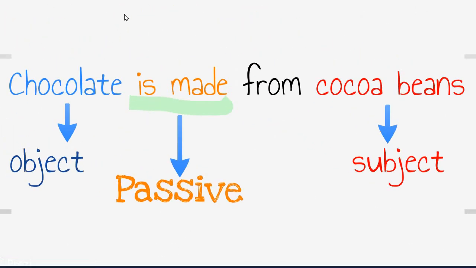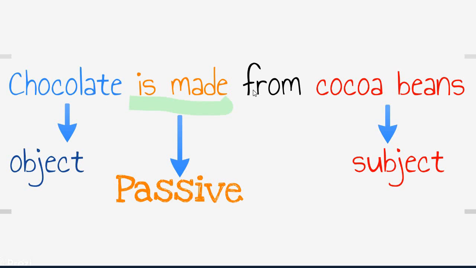Now when I said cocoa beans make chocolate, I have a sentence with subject, verb, object. What I did is, I took the object from my sentence and I put it at the beginning. Okay? I changed the verb. The verb was make. I put it as is made. And then I added the preposition from, and then at the end I added the subject.